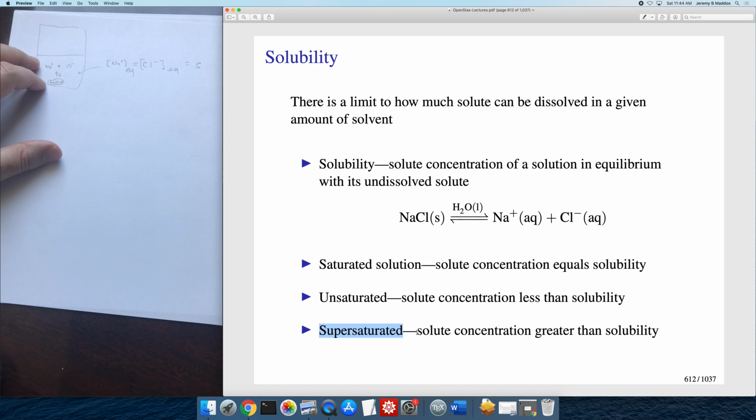This is one where the solute concentration happens to be greater than the solubility. However, it's not stable, and at some point that excess solute will precipitate out of the solution. Okay, so a supersaturated solution is not a stable solution. You want to be able to distinguish between these different terms.